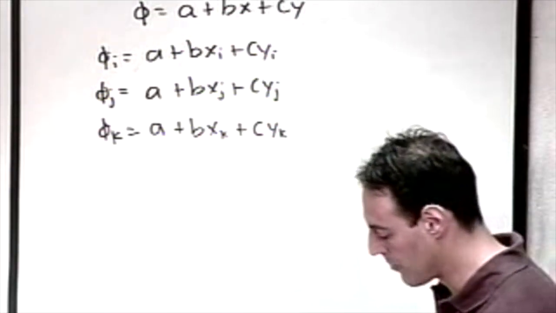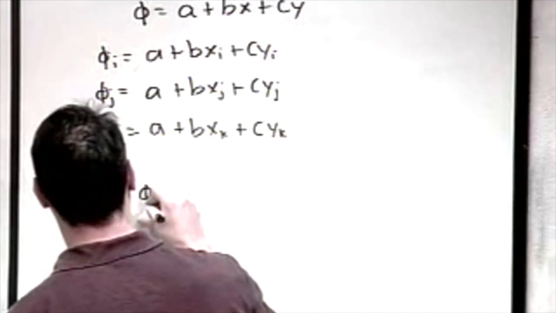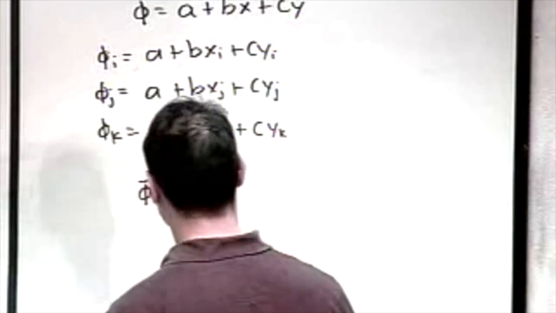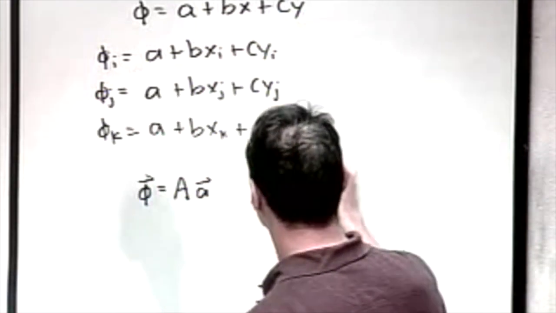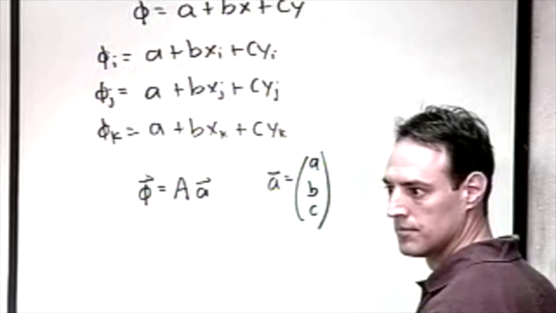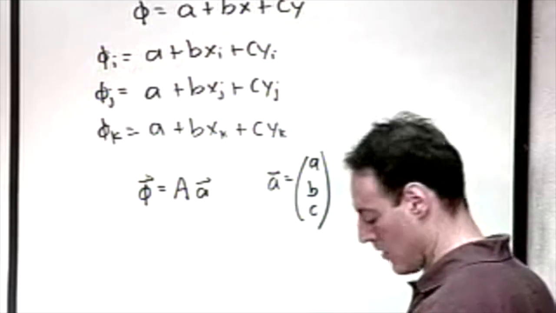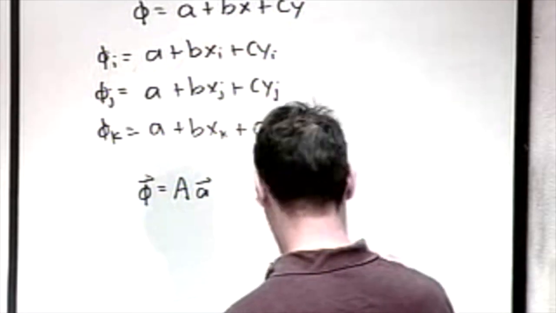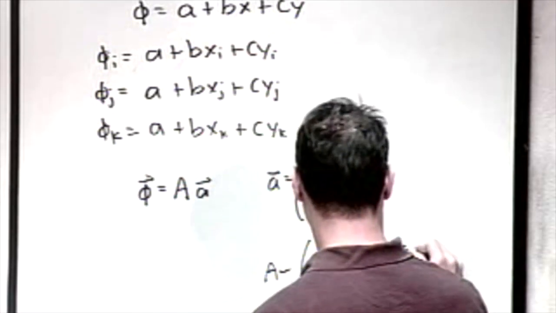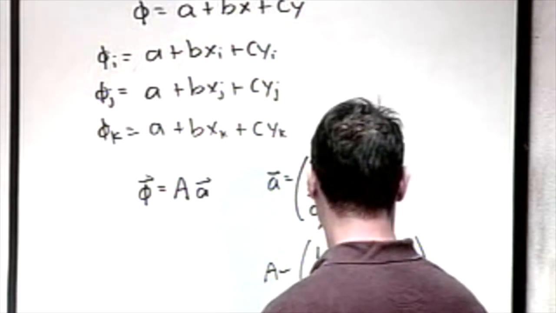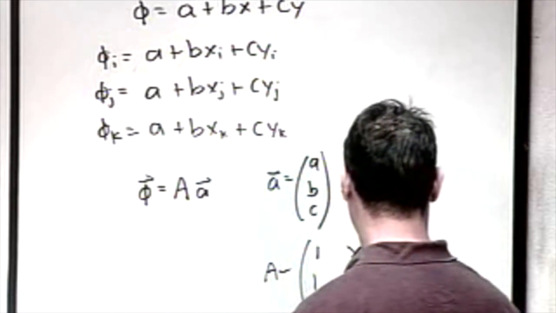All right? So in matrix form, again, you have phi equal to A times alpha, where alpha is your a, b, c that you're trying to solve for now. And the matrix A is this: 1, xi, yi; 1, xj, yj; 1, xk, yk.